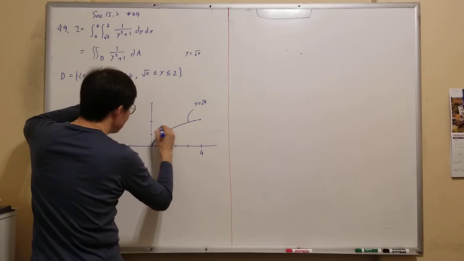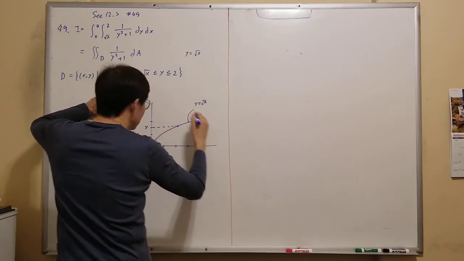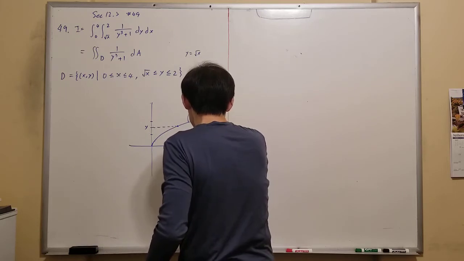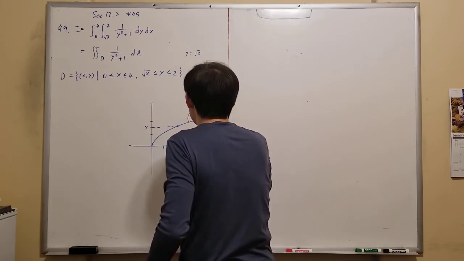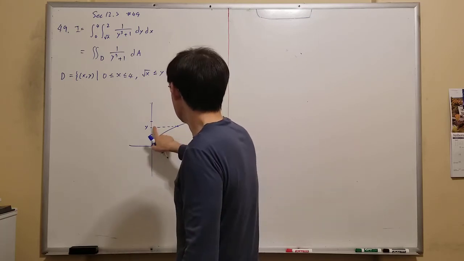So for any given y, you're going through this region through y equals 2. No, not like this. Sorry about that.